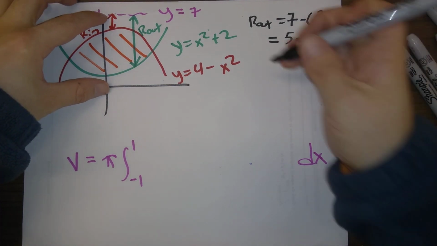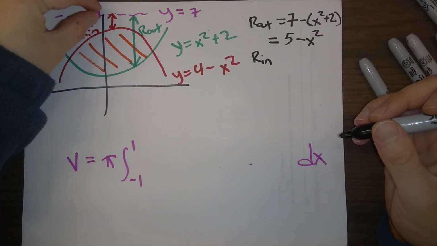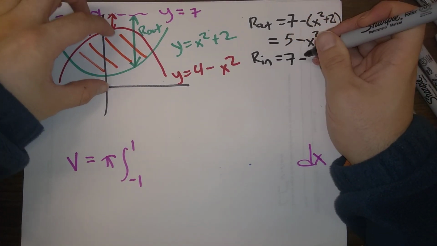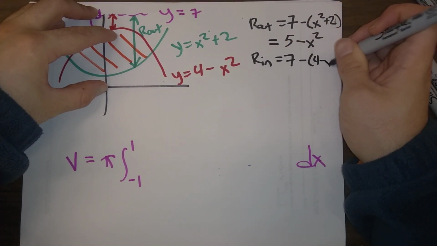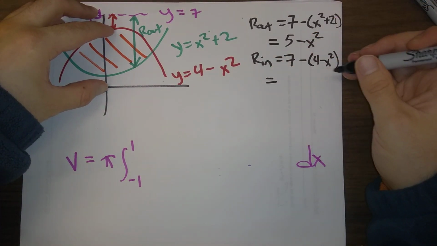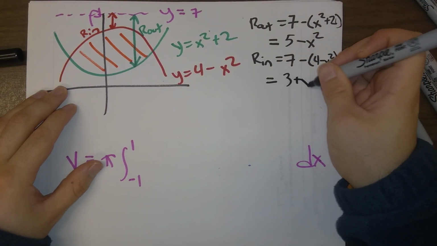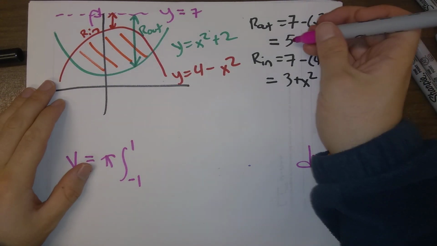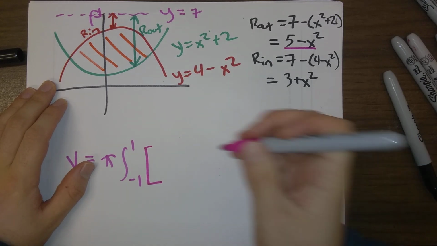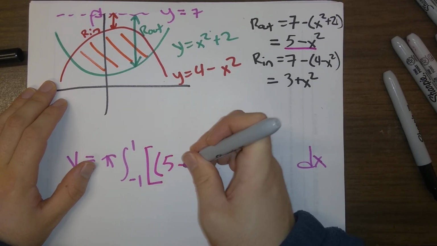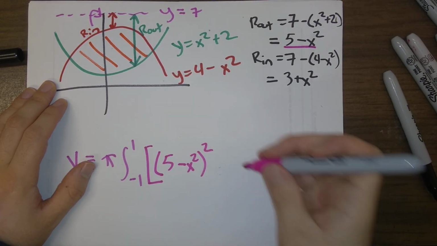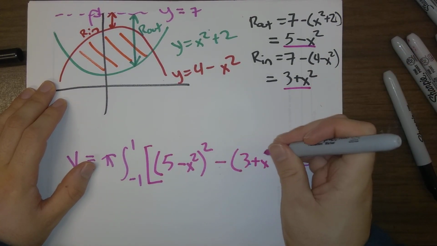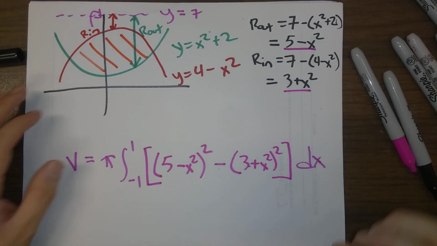As for the inner radius, this little chunk here is 7 minus (4 minus x squared). And so that ends up as 3 plus x squared. And so now putting these pieces together, the outer radius is (5 minus x squared) all squared, minus (3 plus x squared) all squared.